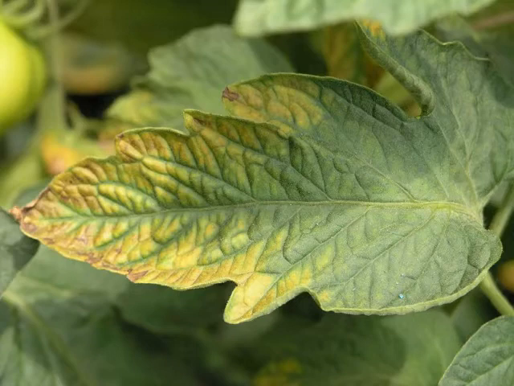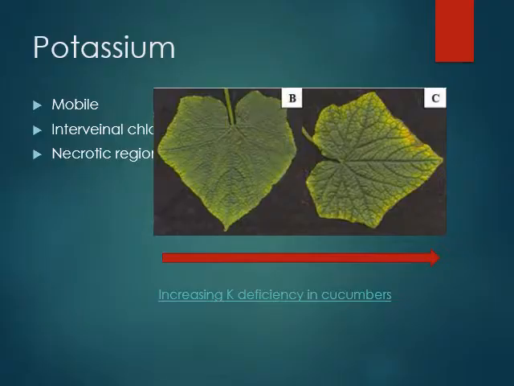So on the margins, and we're getting some yellowing, and then it'll become interveinal necrotic spots as it matures. And there's another picture of cucumber leaf showing potassium deficiency with the haloing or yellow chlorosis of the margins.